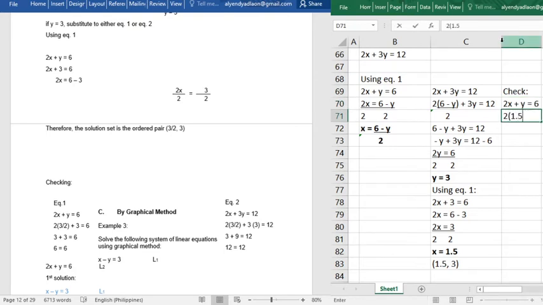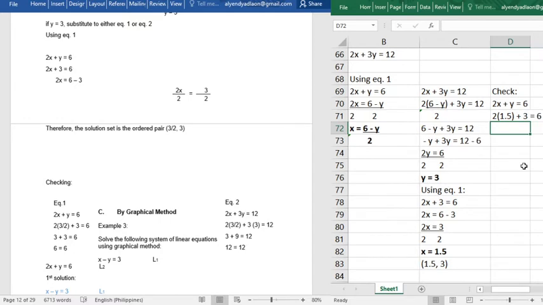X is 1.5 and y is 3 equals 6. Now 2 times 1.5, that is 3, plus 3 equals 6. 3 plus 3, that is 6, equals 6. That is using the first equation.